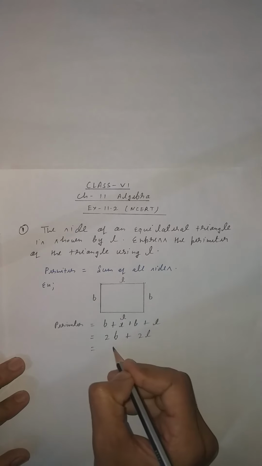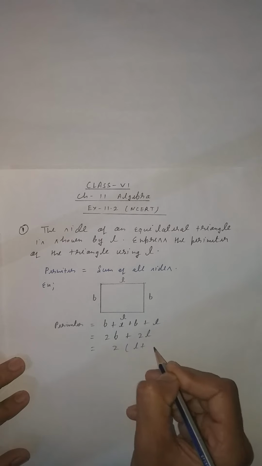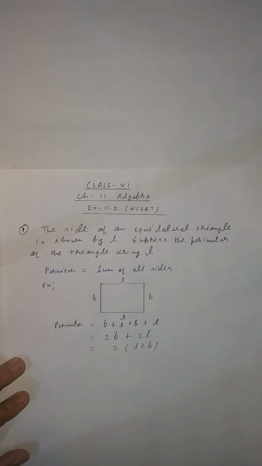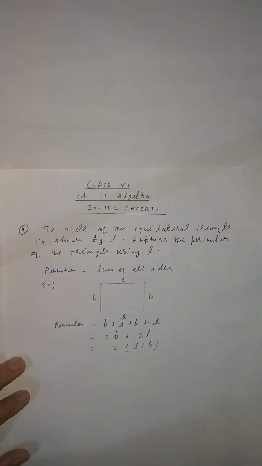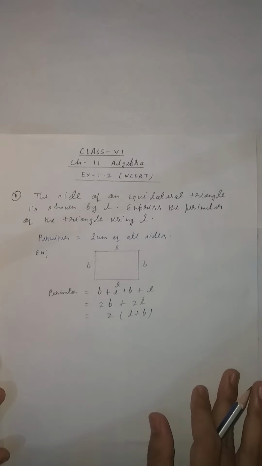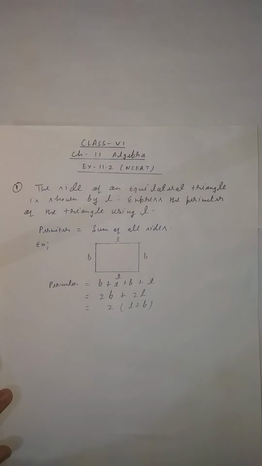Or you can write 2L plus 2B, which is also equal because 2 is common in both. So 2 common, so 2 times B plus L in bracket. So the basic concept of perimeter is that it means sum of all sides.